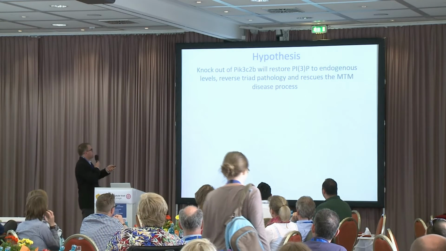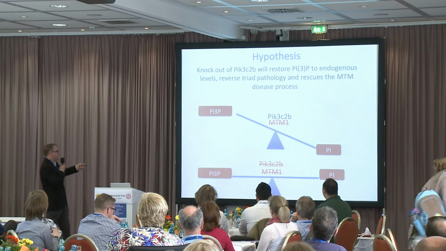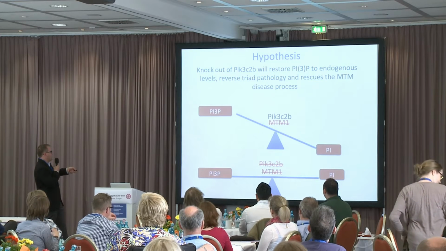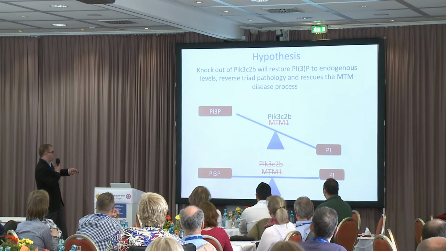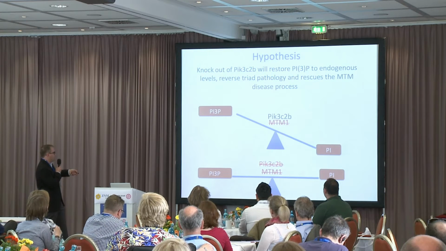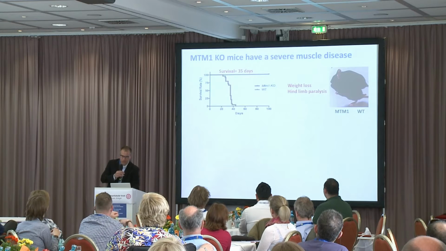So then we ask the question, given that we know this balance is disrupted in myotubular myopathy, what happens now if, in the setting of a myotubular myopathy model, we eliminate this enzyme? Will it balance this out, and what effect will that have? So you've already been introduced to the MTM mouse model.